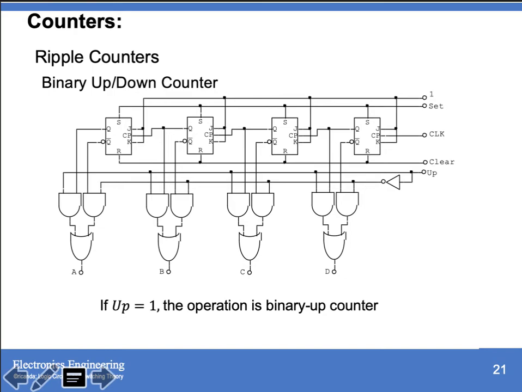And if up is 0, your Q bar is connected to the first AND gate, which is where the inverter of your up is connected. So if it is 0, then the first AND gate will be active. So that is your down counter.